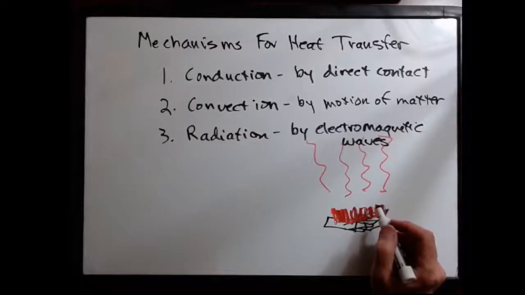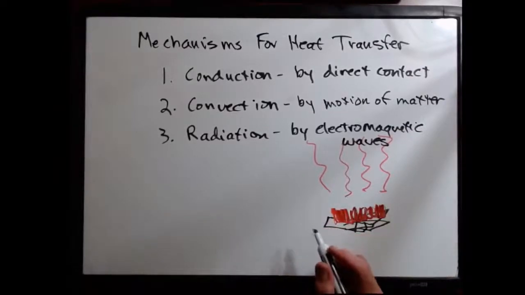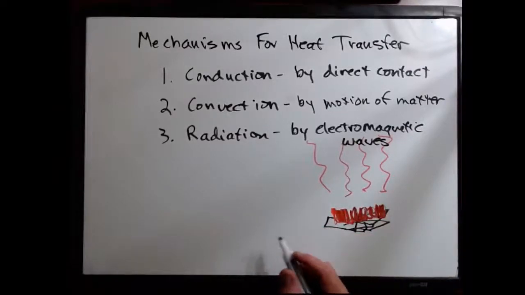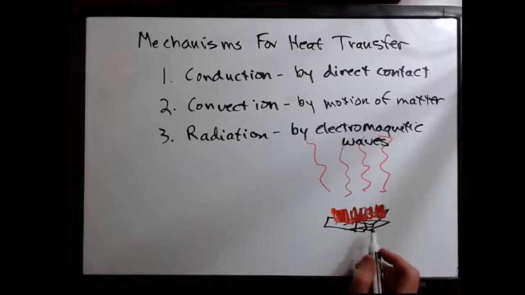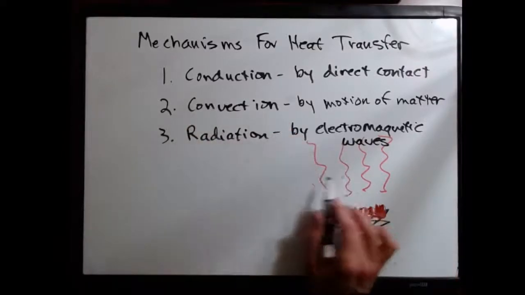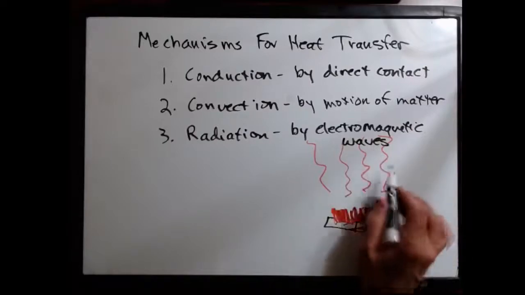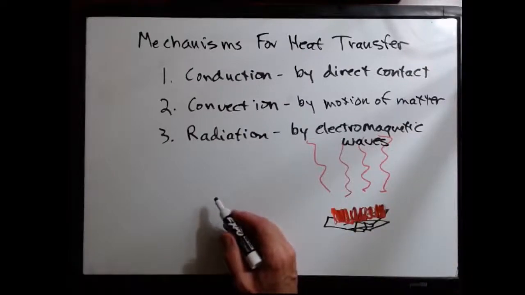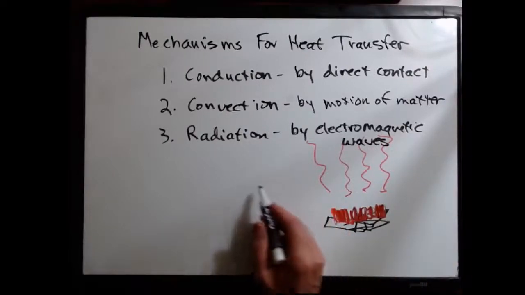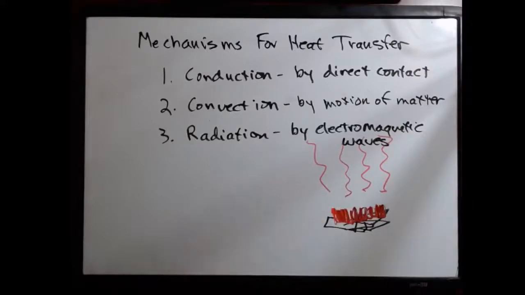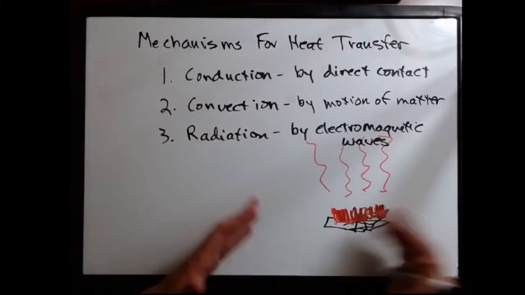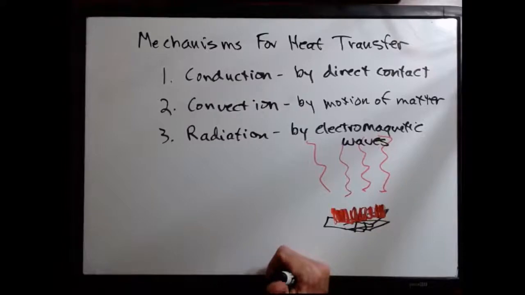And so when you have a bonfire, you get a little of all of them, I guess, right? There's heat transfer through the logs and into the ground by conduction. There's convection rising, warm air rising above the fire as it gets heated. And then there's radiation, the infrared, and some visible that's coming off this in all directions.